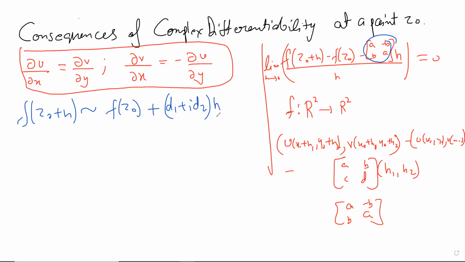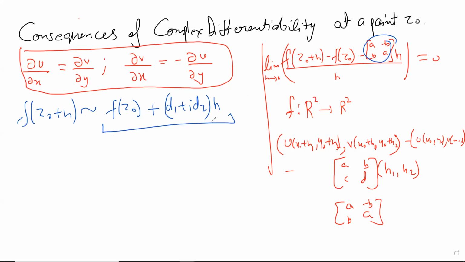Well, it is more than that. It is equal to some other function which goes to 0 as h goes to 0, but this is definitely true. It's a very good approximation of f of z naught plus h.